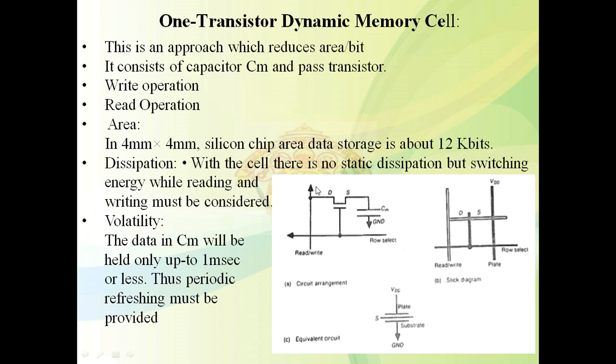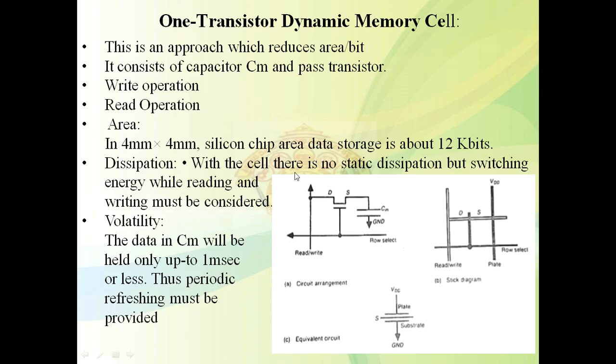Then whatever data is present on this bus will be stored onto the capacitance. If the data stored is 1, it will charge the capacitance, and if the data stored is 0, it will discharge the capacitance. Okay, in this way the write operation will be done.